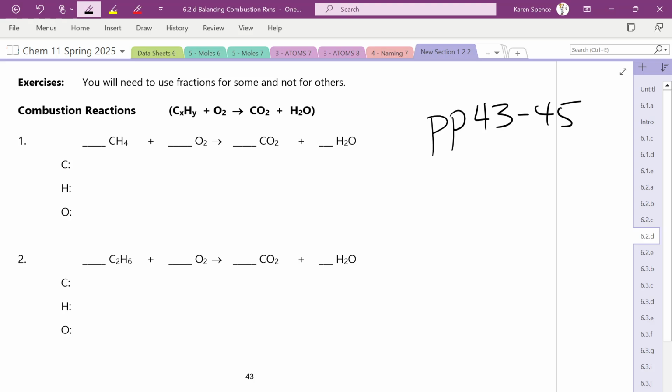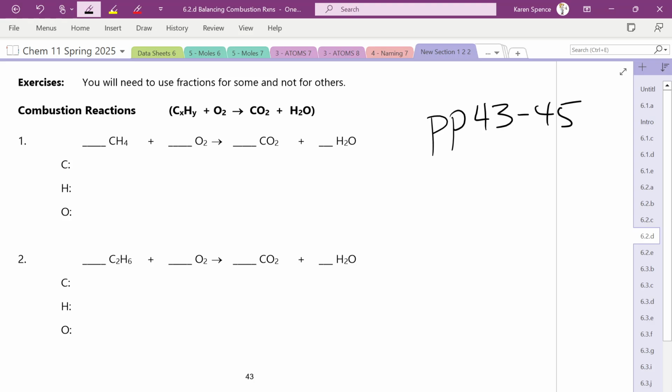Now your oxygens, we have 2 times 3 is 4, plus another 4, that gives you 8. And so you now have 8 oxygens, so 8 oxygens go into that. Now you're done, except you need to check all of the items.